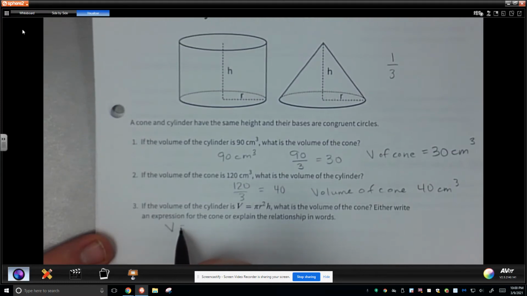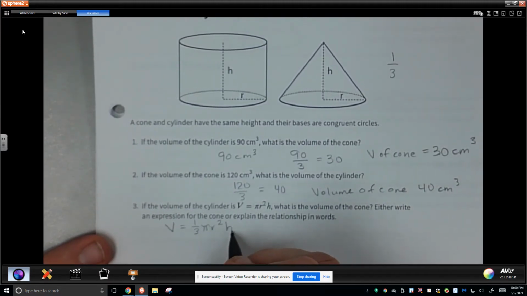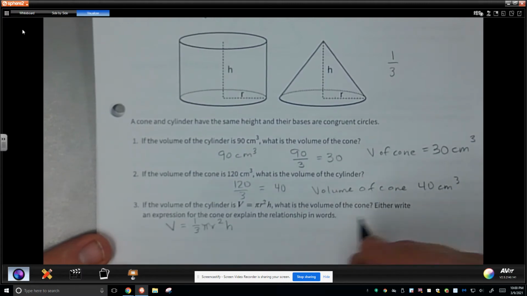The formal definition would be volume is equal to 1/3 the area of the base times the height, or simply 1/3.